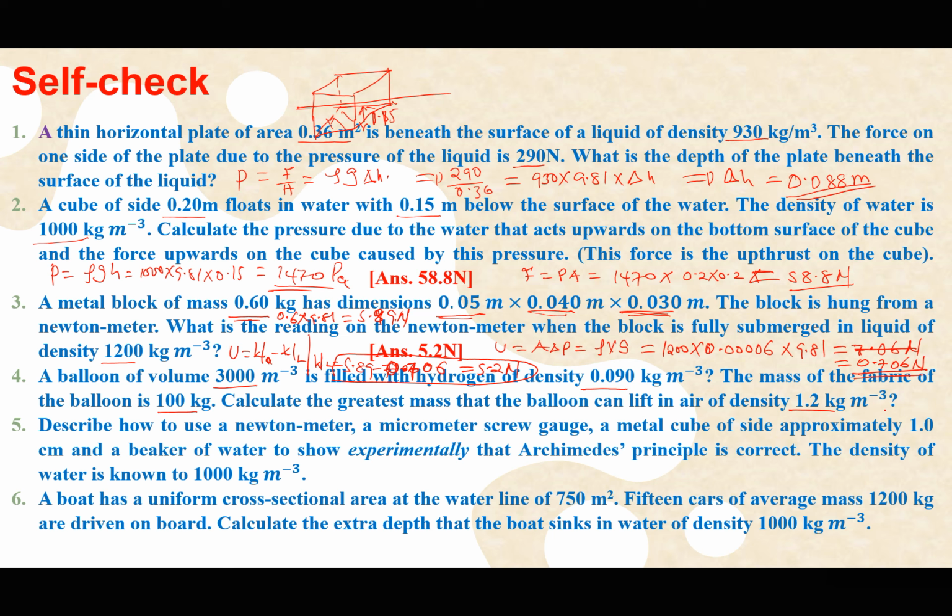So they have given you a balloon of this volume, filled with hydrogen of this density, and the mass of the fabric of the balloon is 100 kilograms. So that will give us the weight. I think you should be able to solve this.